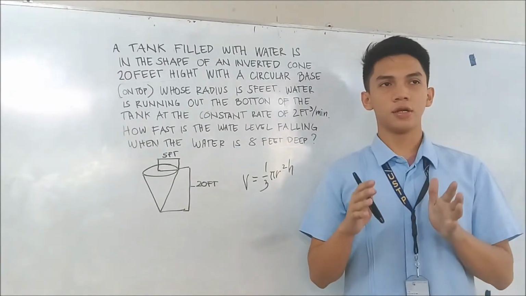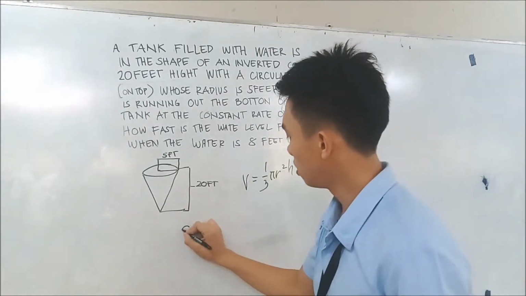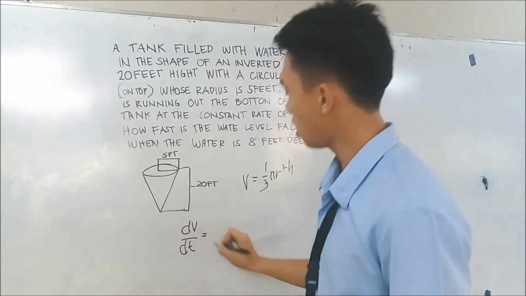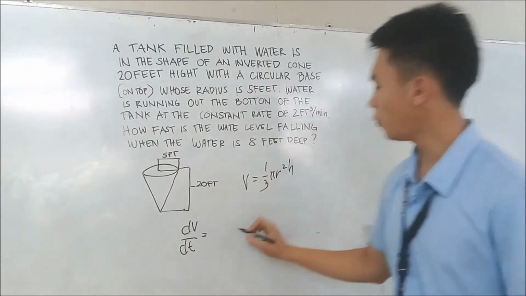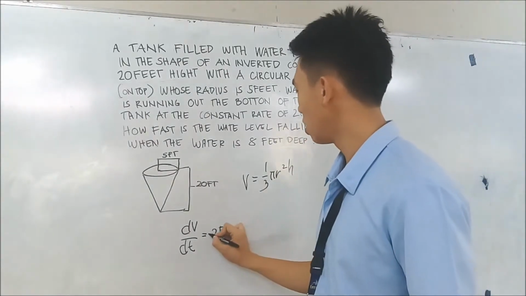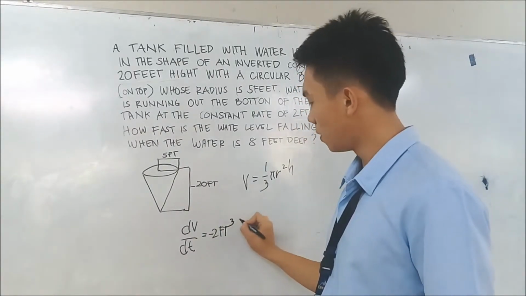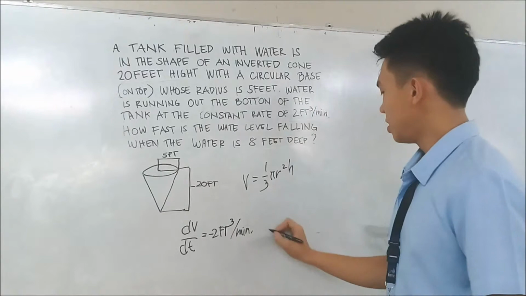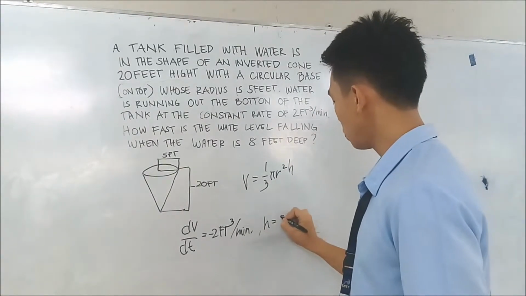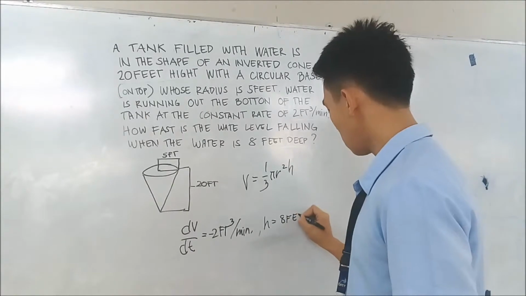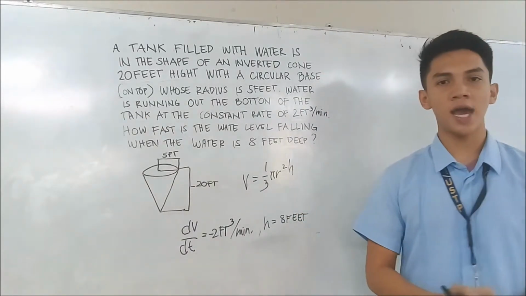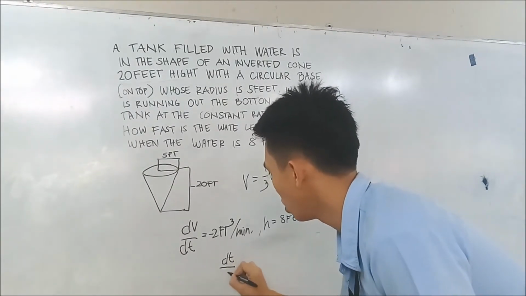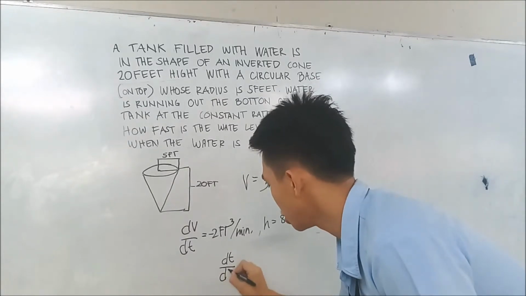We know that dV over dt is equal to the given negative 2 feet cubed per minute, and the height equals 8 feet. We must find dh over dt.